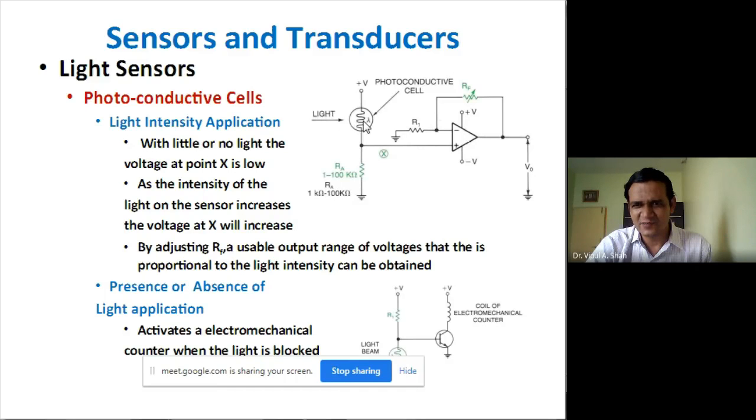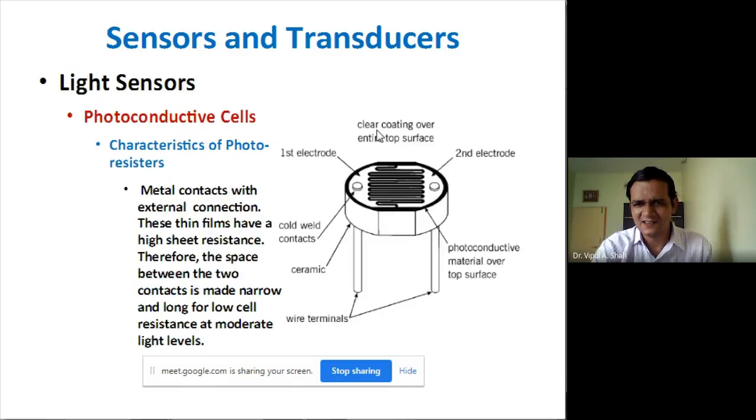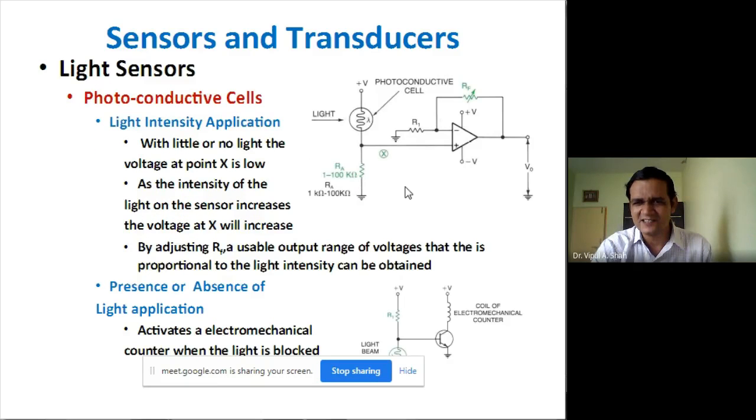As and when the light imparts on this photoconductive cell, which has the construction like this, this light has a minimum to maximum intensity that can be measured here.